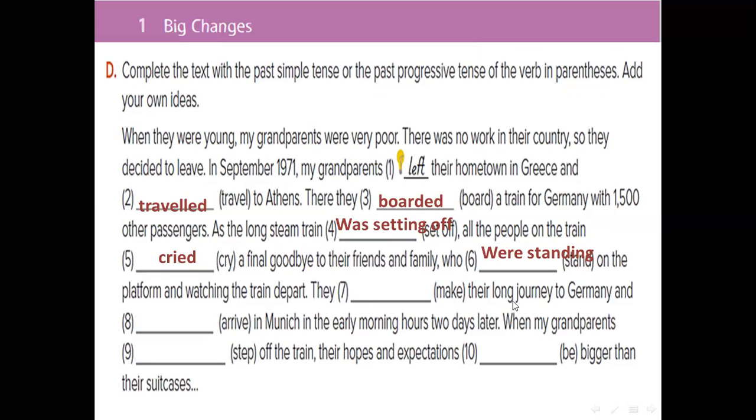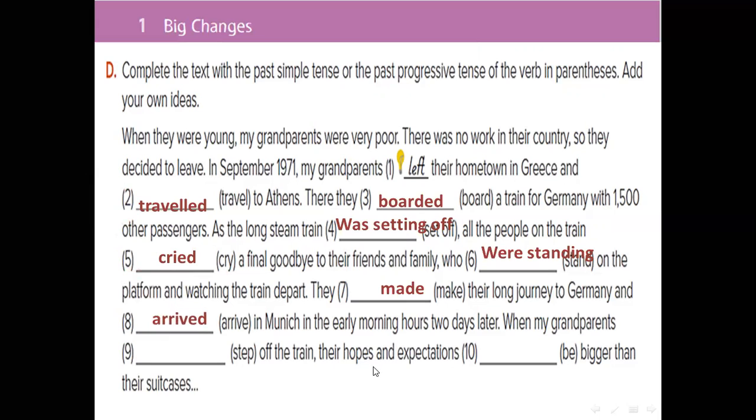They make their long journey to Germany and arrive in Munich in the early morning hours 2 days later. 2 days later. It's the past form. What is the past form of make? Made. Make, made. It's an irregular verb. And arrive, arrived. Excellent.